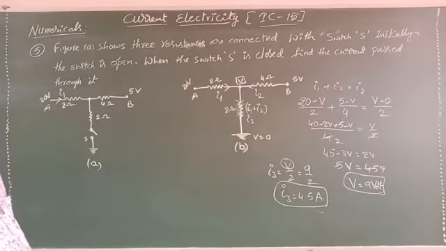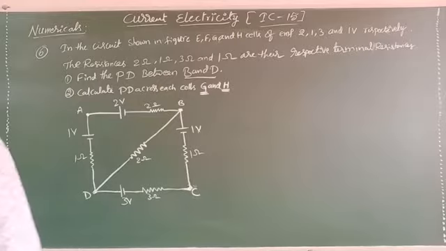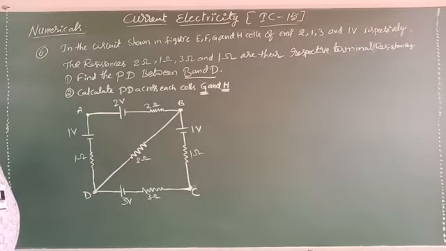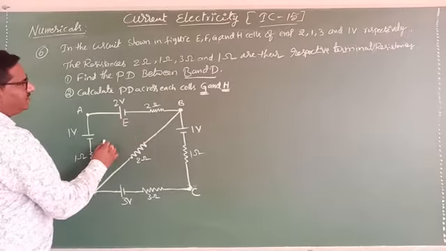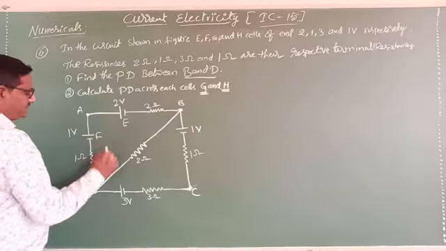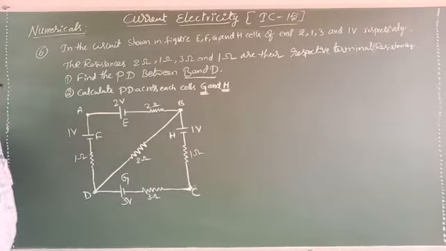Okay. See here, one small circuit given. In this circuit shown in the figure, cells E, F, G, H have EMFs 2, 1, 3, 1. Okay. This is E, this is F, this is G, this is H. 4 cells are given and their potentials are also given.